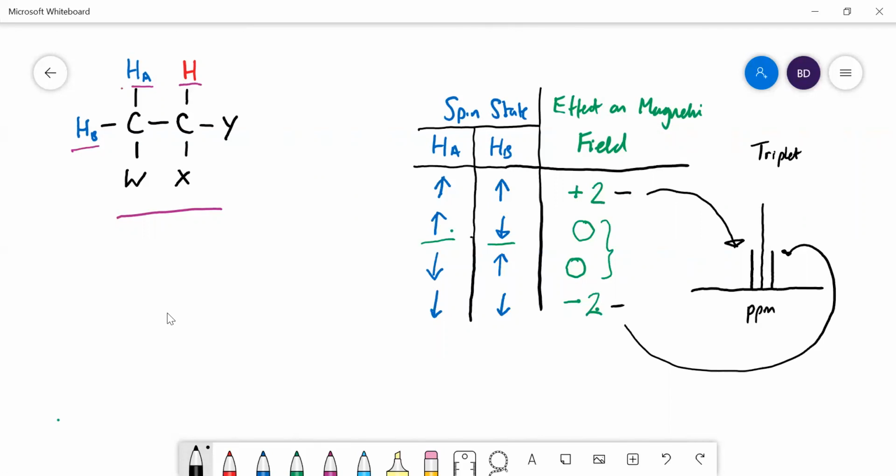Right, let's expand that now to show what happens when you've got 3 hydrogens. So I'm going to rub out this table and change it a bit. First of all, let's get rid of that and put HC there. So now we've got 3 protons on the carbon next door.